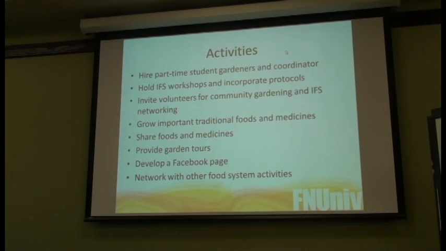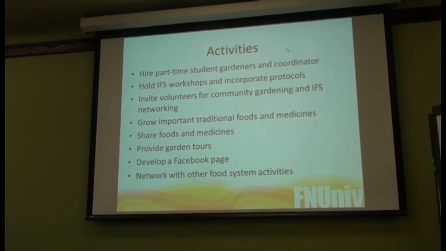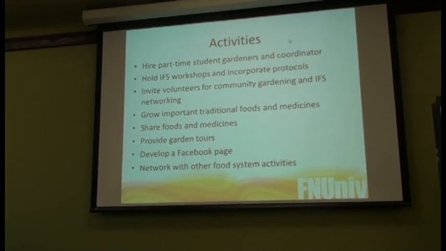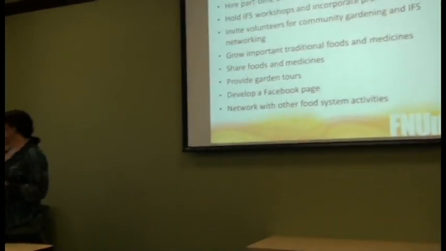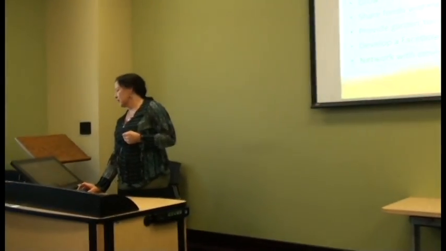We brought in Indigenous foods and teas so that people could sample them and so that we could practice what we're preaching. And we invited volunteers. We put out calls for volunteers to come in and work with both the workshops and the gardens that we have on campus. Another activity was to try and grow traditional foods and medicines. So we tried to grow corn, beans, and squash.